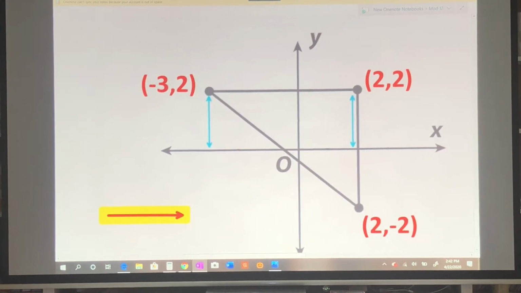Okay. So the height stays the same. No change there. So we can get rid of y on both of these.